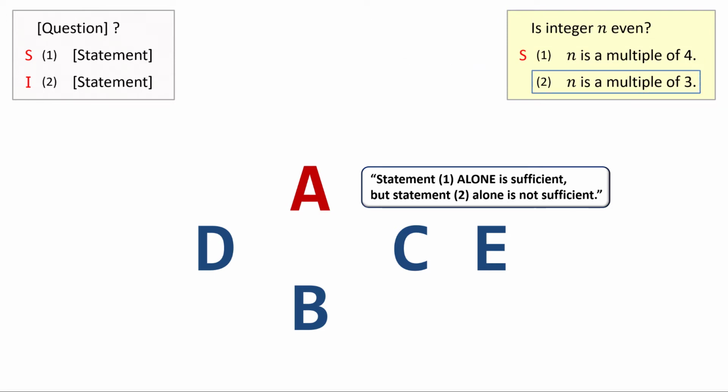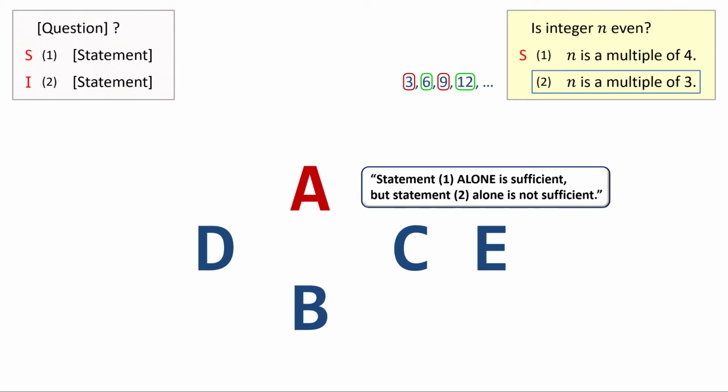Statement 2 tells us that n is a multiple of 3. This means that n is a number such as 3, 6, 9, or 12. Some of these, such as 6 and 12, are even, but others, such as 3 and 9, are odd.